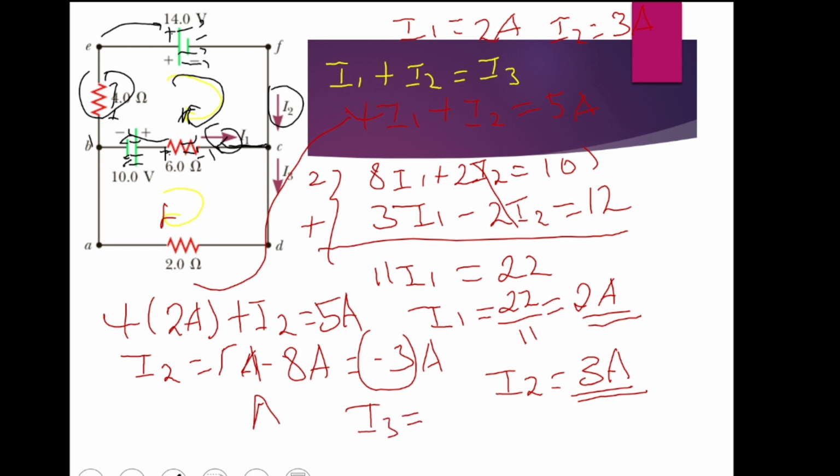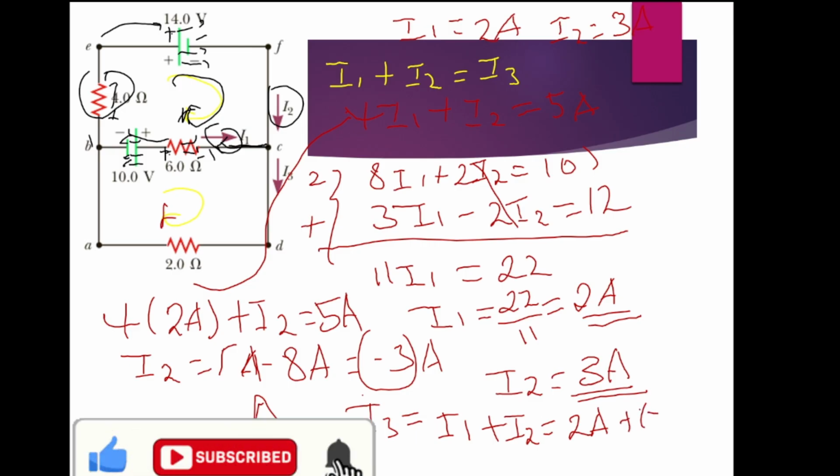So I3 is the sum of the two currents. Alright, so let's solve for I3. I3 is equal to I1 plus I2. So which is going to be 2 ampere plus minus 3 ampere. Because of the direction, we have to add them rightwise.